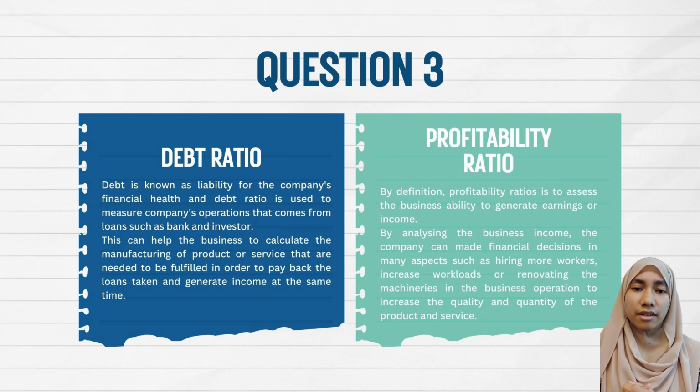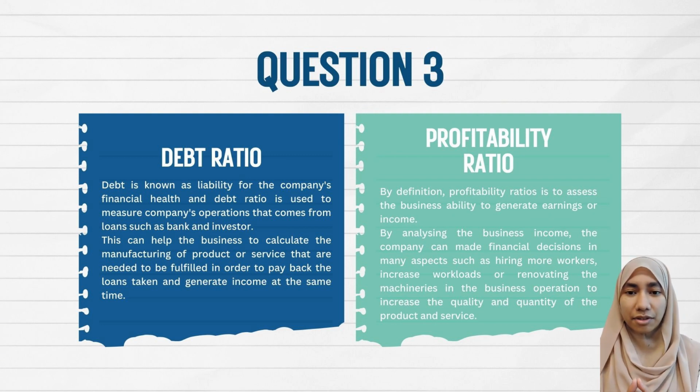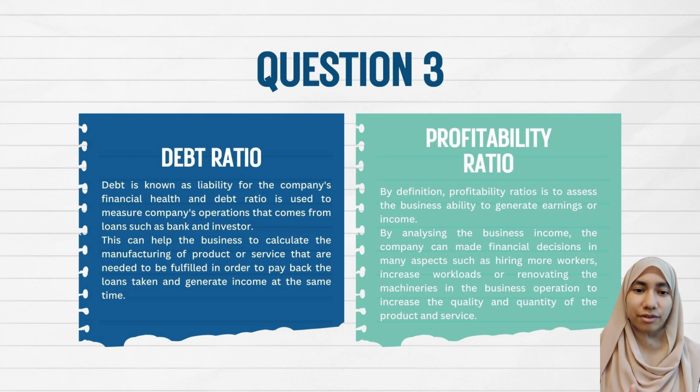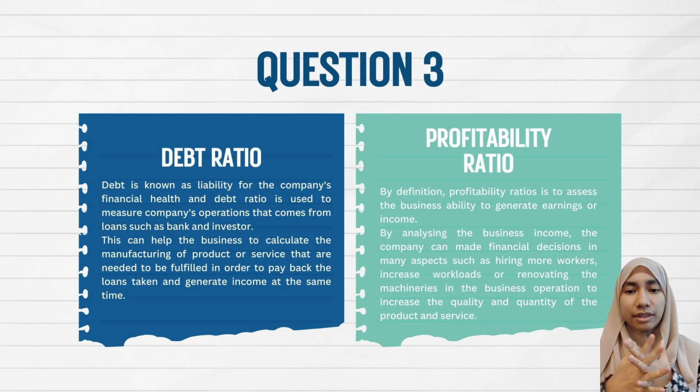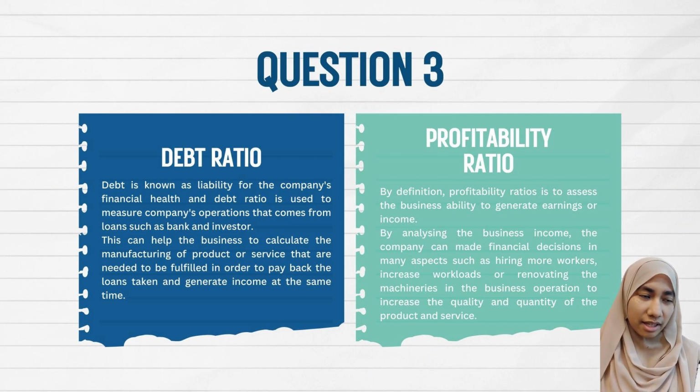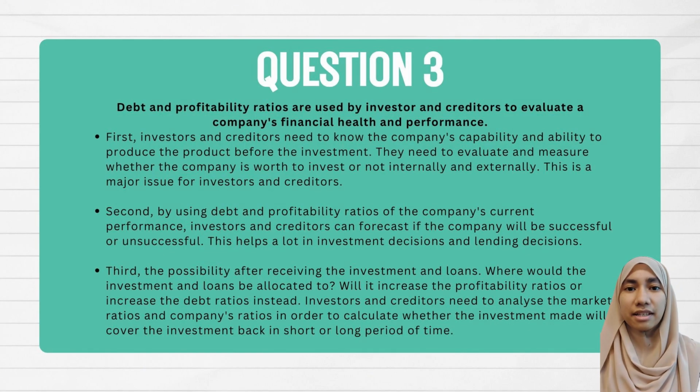Debt is known as a liability for the company's financial health, and the debt ratio is used to measure the company's operations that are funded by loans such as from banks and investors. This can help the business calculate the production of products and services that need to be fulfilled in order to pay back the loans that have been taken and generate income at the same time.